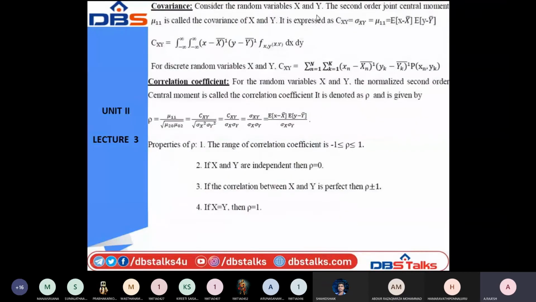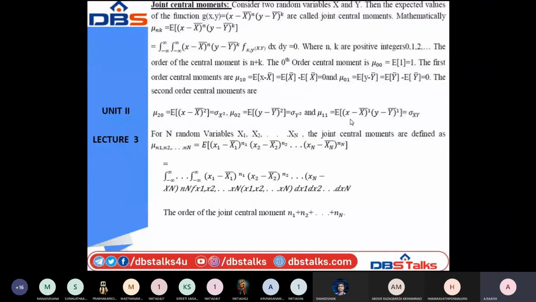Coming to the covariance, consider two random variables x and y. The second order joint central moment mu11, which we have already seen, is equal to sigma xy.